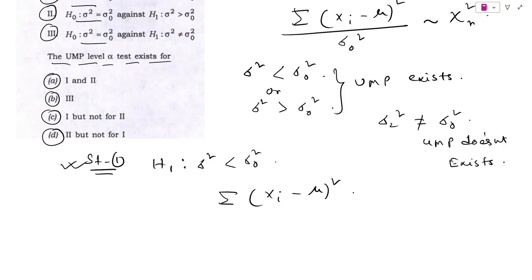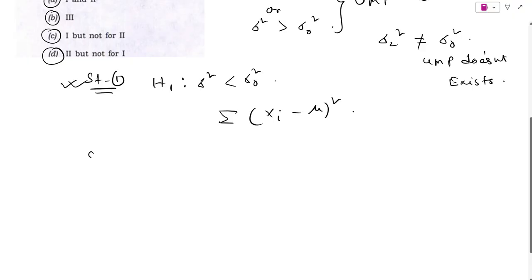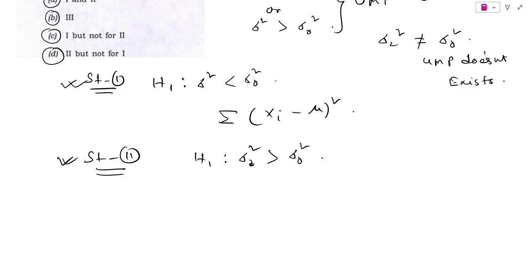So statement number 1 is true. Now come to statement number 2. Now the alternative is right-tailed. Large sample variability supports H1. So again, this is a one-sided hypothesis and therefore a UMP test also exists. So statement number 2 is true.